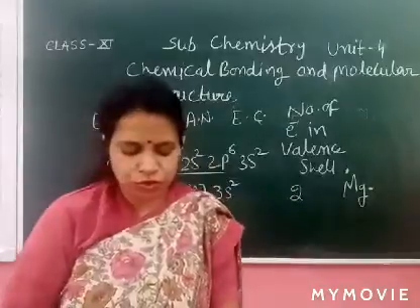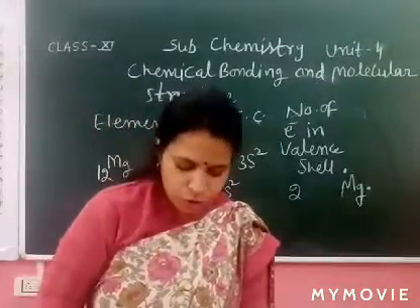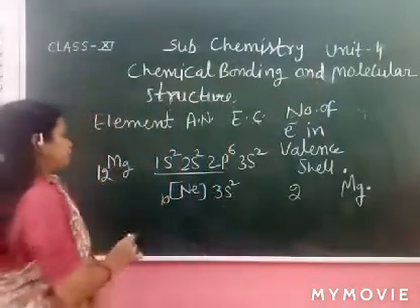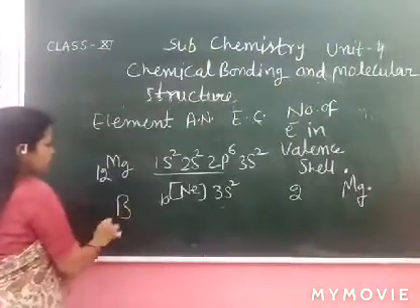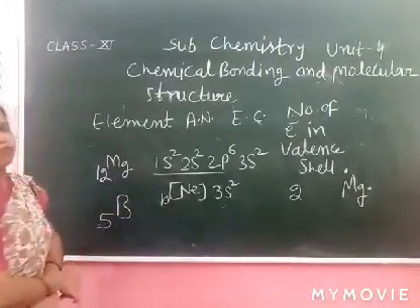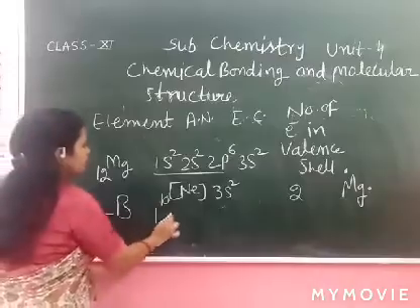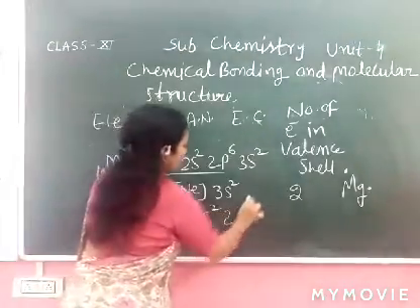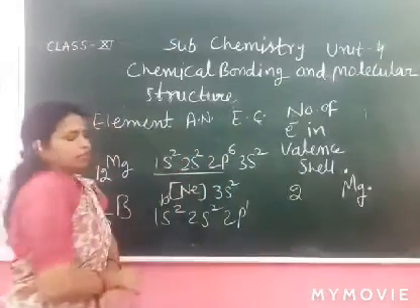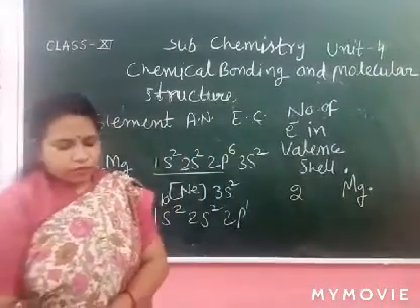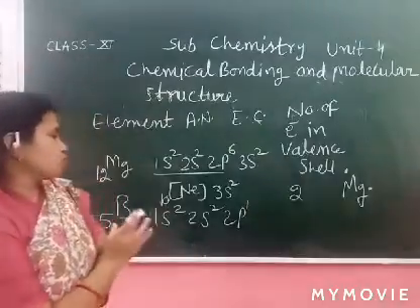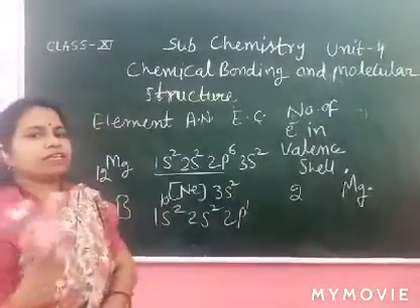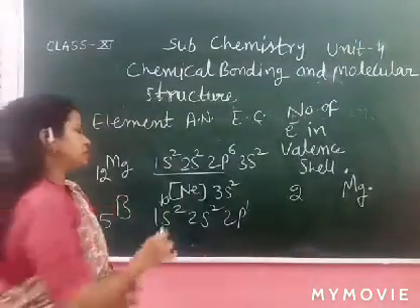There are some examples you should try yourself, like boron. What is the atomic number? 5. Configuration 1s2, 2s2, then 2p1. How many valence shell electrons?